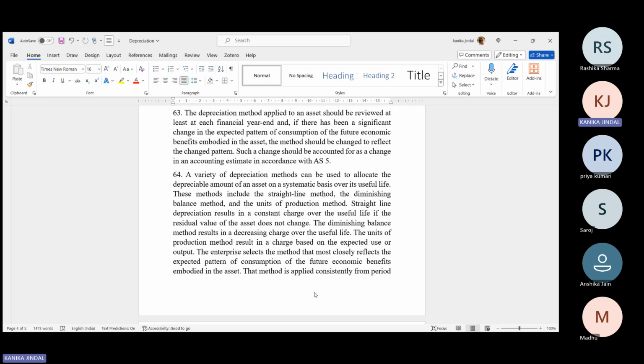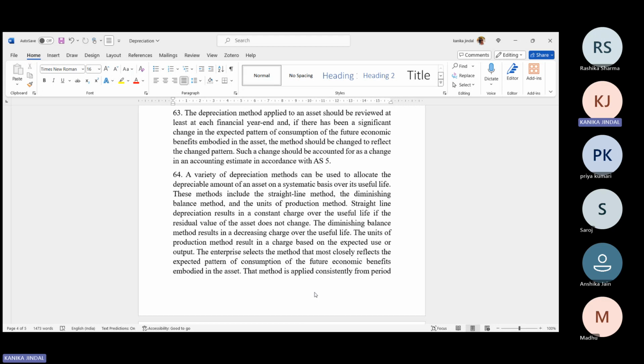So what are we doing? If we have charged depreciation of 20,000 in the first year, then we'll be charging 20,000 for all the years. It is a straight line method where a constant charge of depreciation is charged over the useful life of the asset.